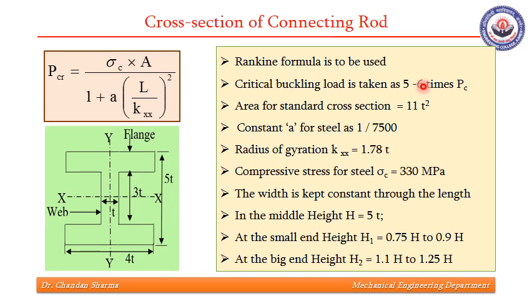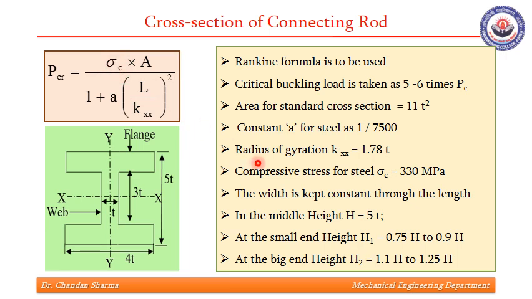That means that suppose load on rod is coming out to be 10,000 newtons, then the rod will be designed for 50,000 newtons. 50,000 newtons will be treated as crippling load. So if we put all these values, PCR is 5 to 6 times P, sigma C is the compressive stress for the material of connecting rod.